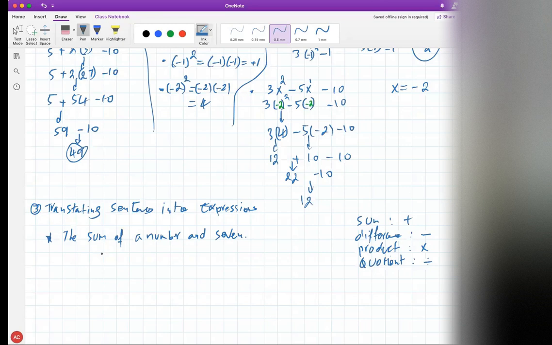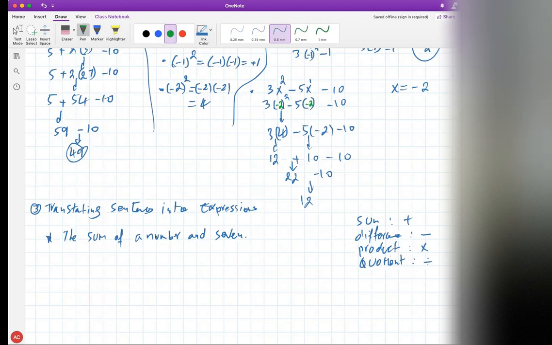How would you write this as an expression, meaning in variables and numbers only, not in words? X plus 7. That's right. So the sum of a number and 7.